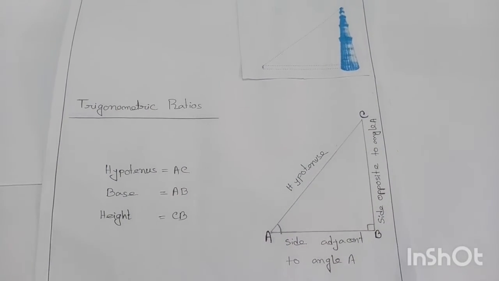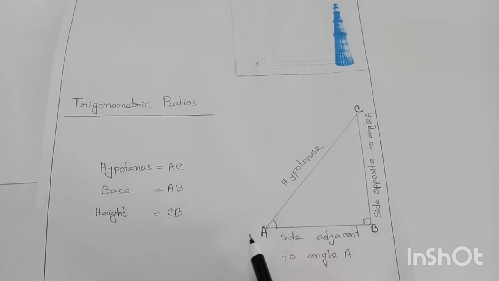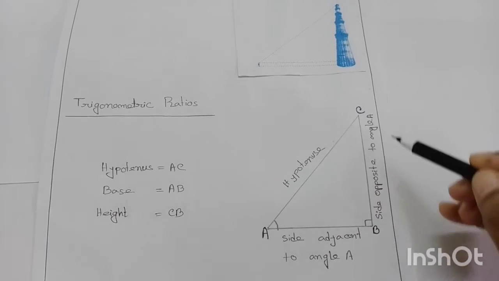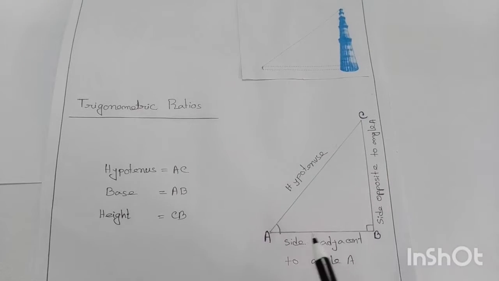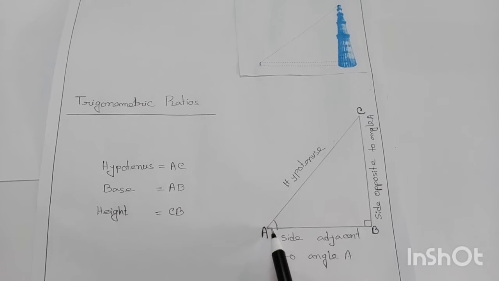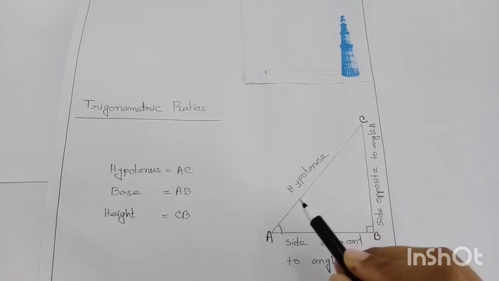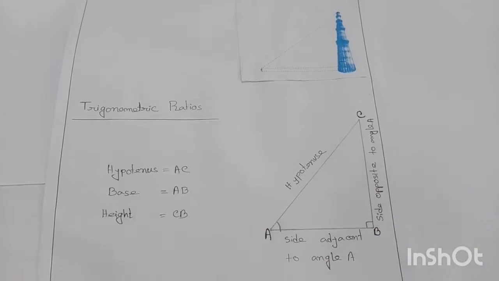Hypotenuse is the longest side in the right angle triangle, and base is AB and height is CB. This side is adjacent to angle A, and this side, that is BC, is opposite to angle A.